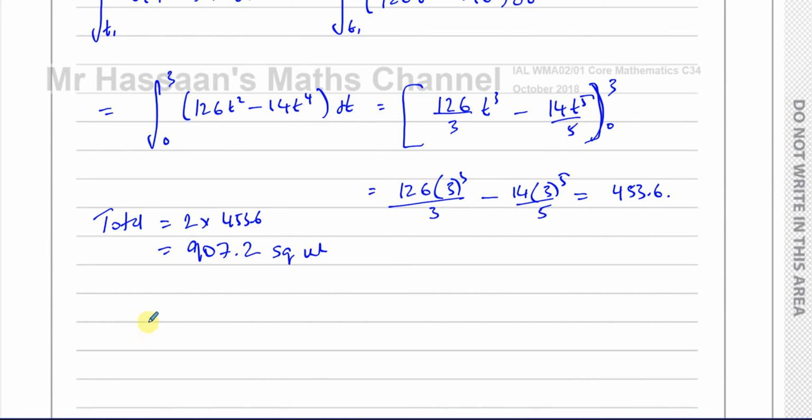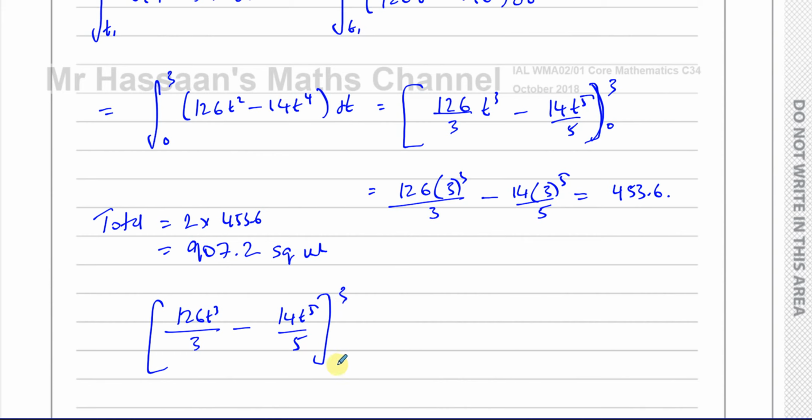And we'll notice that if I did the same thing here and put minus 3 to 3, the integral will be the same. So I'll have 126t cubed over 3 minus 14t to the power 5 over 5.